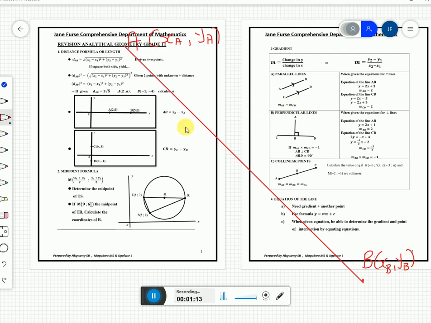Now, if you are requested to find the gradient of this line where you are having two points, immediately we bring another point here.